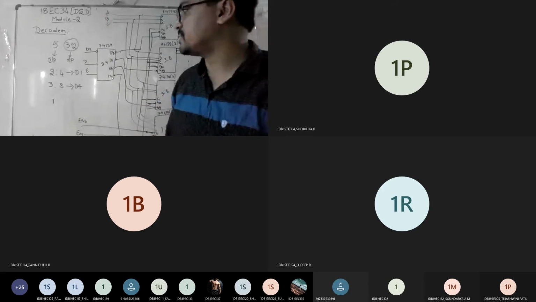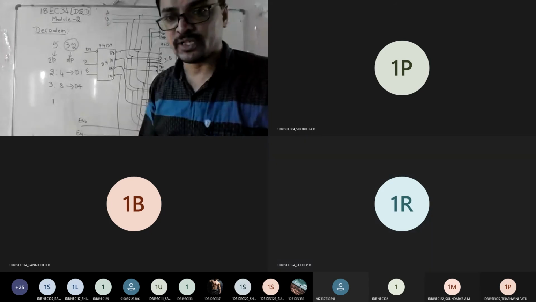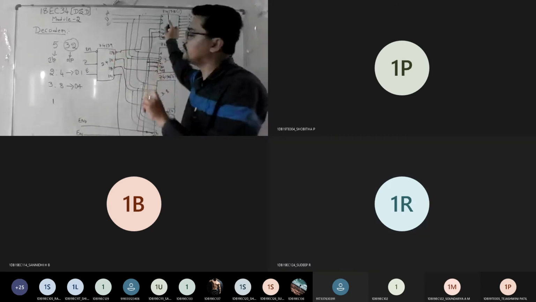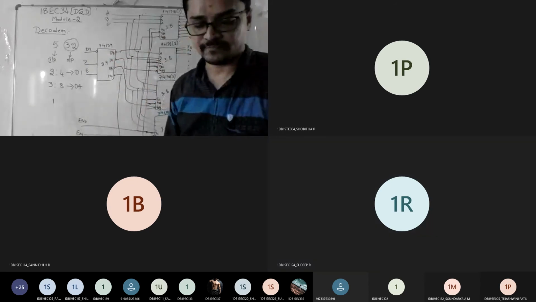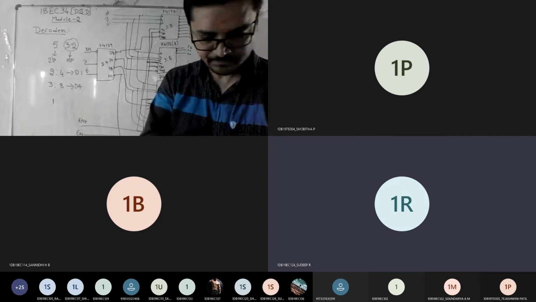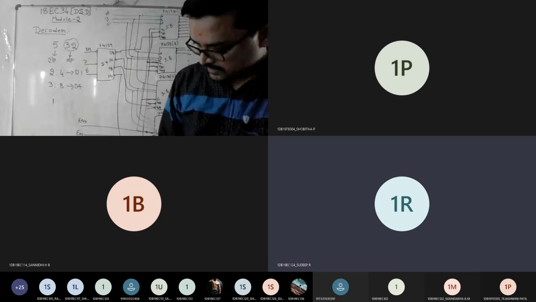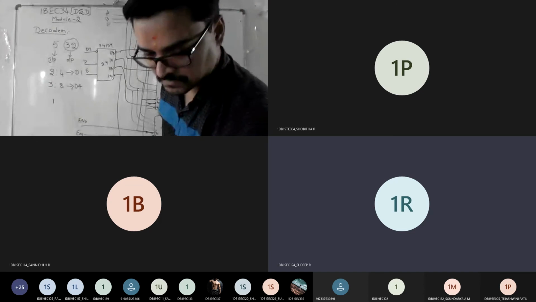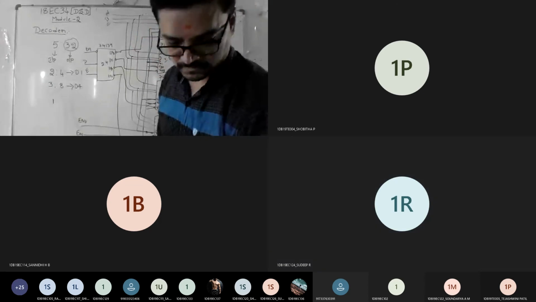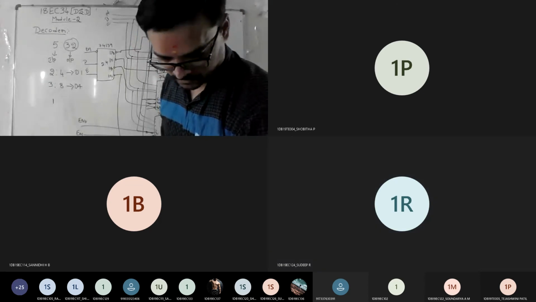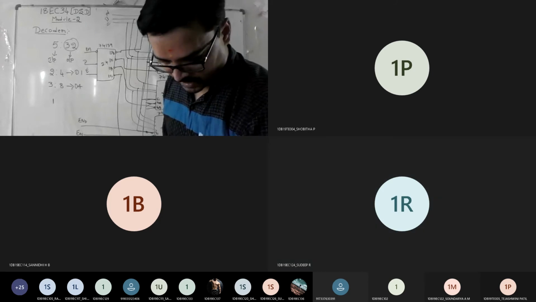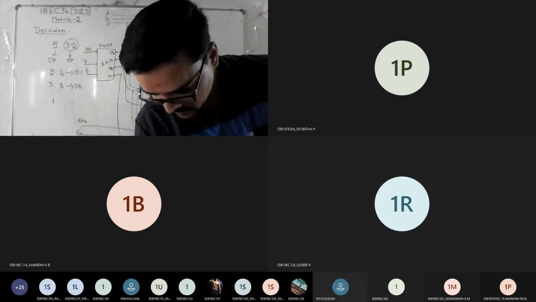This is the implementation of the 5:32 decoder using 74139 and 74138 ICs. Just make a rough sketch here. Is it done? Everyone done? Rough sketch?